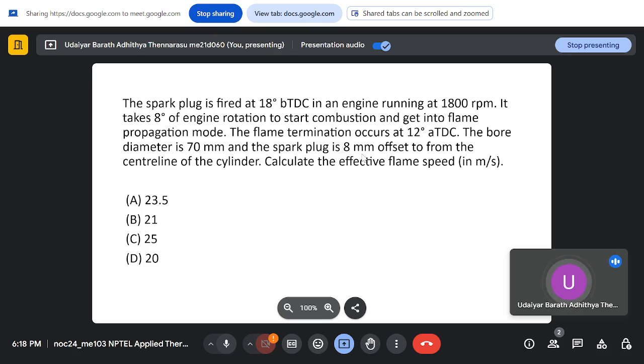The flame termination occurs at 12 degrees after top dead center. The bore diameter is 70 mm and the spark plug is offset 8 mm from the center line of the cylinder. Calculate the effective flame speed.